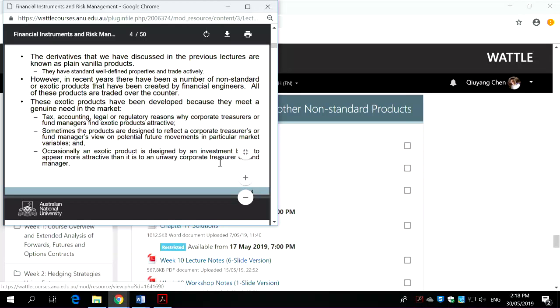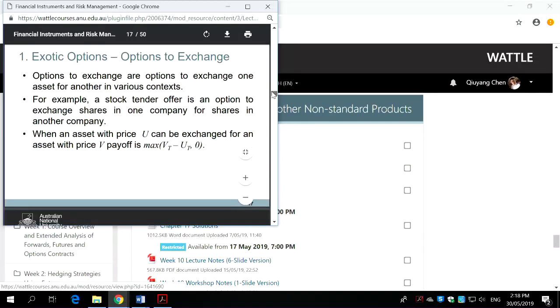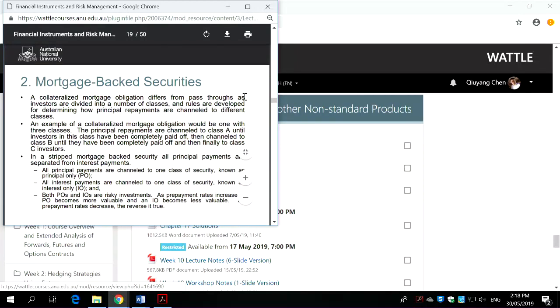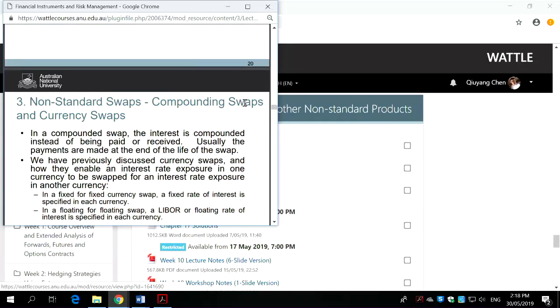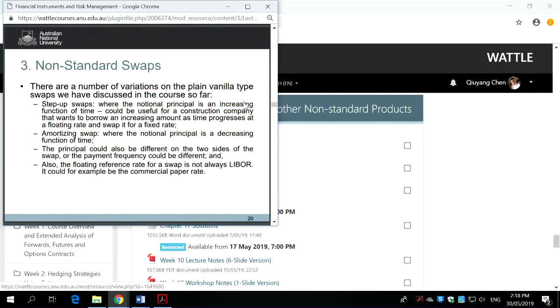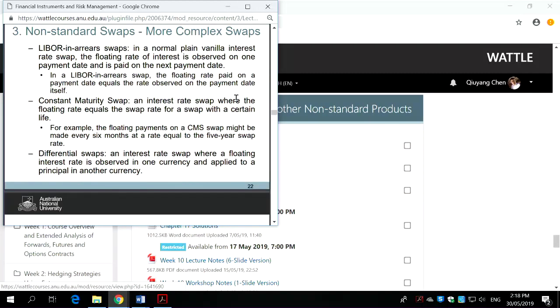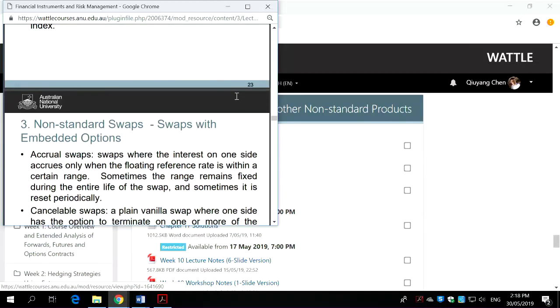And then in terms of, let me have a look. You don't need to know anything about mortgage-backed securities. That's not examinable. In terms of the non-standard swap, it's not examinable. Okay? Are we cool? What else?